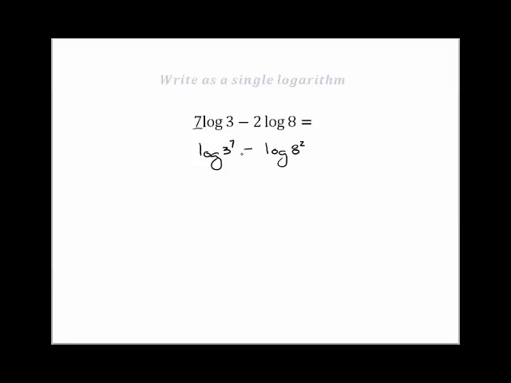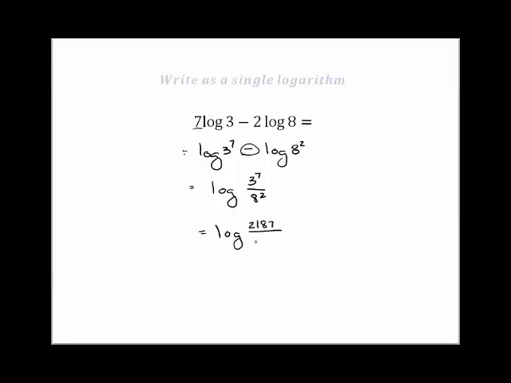All right, now we have to deal with our minus here. So we'll say that is the log of 3⁷ over 8⁵. And if you do that multiplication out, you probably need a calculator on this one. 3⁷ is somewhere around 2,187, I think.